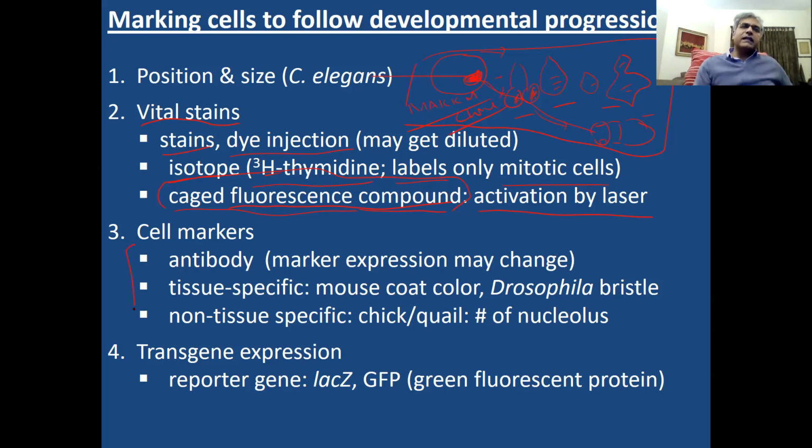Molecular markers, as I said, we in our cell and molecular biology labs, people who are interested in the molecular basis of development and want to understand the genetic and molecular basis of development, use molecular tools like antibodies, which I already explained, and tissue specific markers. Tissue specific markers are, for example, mouse coat color, Drosophila bristle cells.